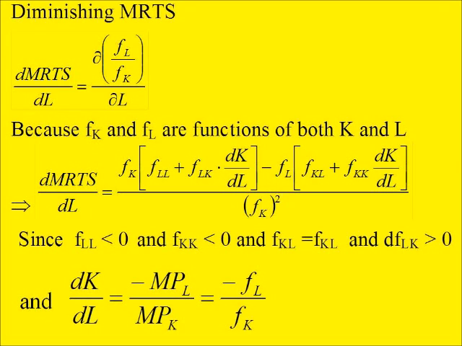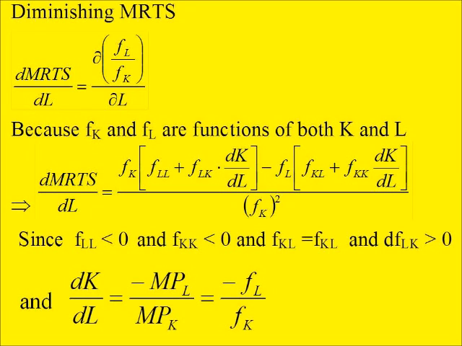Since by assumption f_LL and f_KK are 0, and by Young's theorem f_KL equals f_LK, and finally we assume that f_LK is greater than 0, and therefore the derivative of K with respect to L is going to be the ratio of the marginal product of labor over the marginal product of capital, negative of course, so we get negative f_L over f_K.